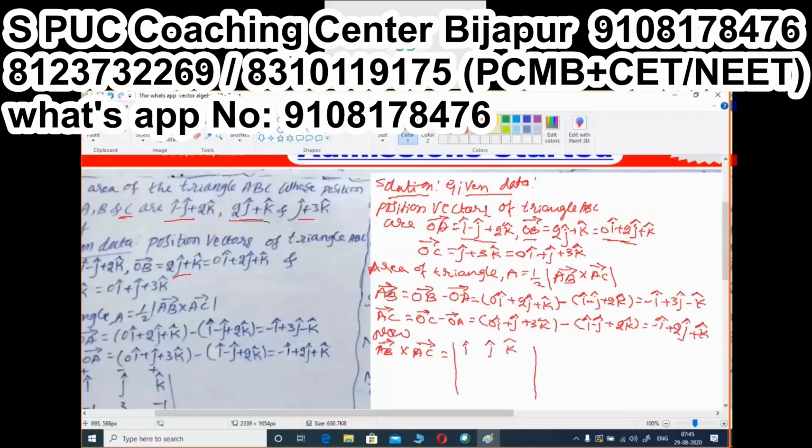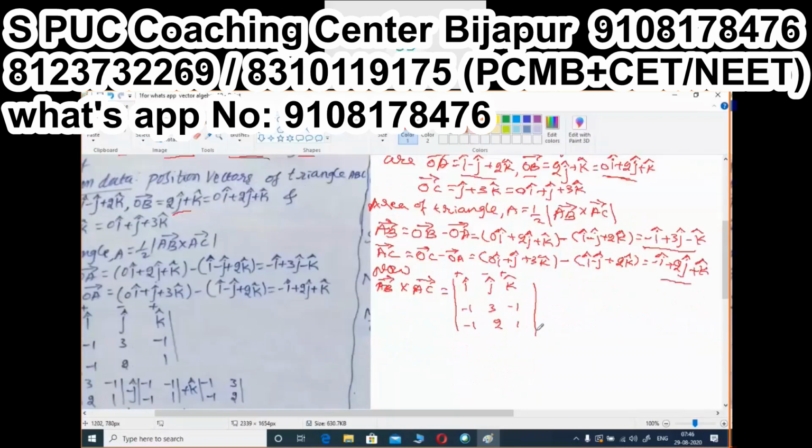Second row, tell me the coefficients: minus 1, 3, minus 1. Next row: minus 1, 2, 1. Expand along the first row. Mute it, there is disturbance. So plus minus plus. Expand along the first row, so that is plus minus plus you have taken.